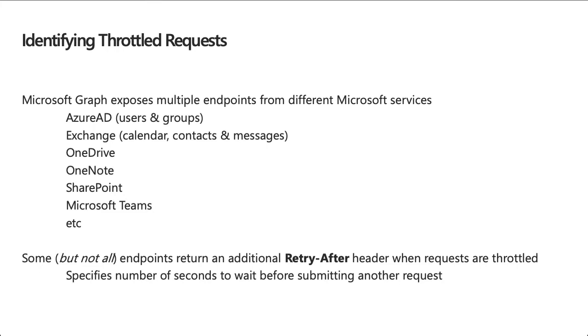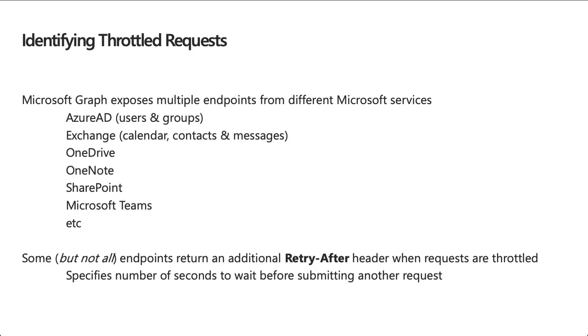Now keep in mind, Microsoft Graph is a proxy service to multiple endpoints and services, such as Azure Active Directory for users and groups, Exchange for calendar, contacts and messages, OneDrive and OneNote and SharePoint and Microsoft Teams, among many others. Each of these services have their own rules and calculations for when limits are exceeded and future requests will be throttled.